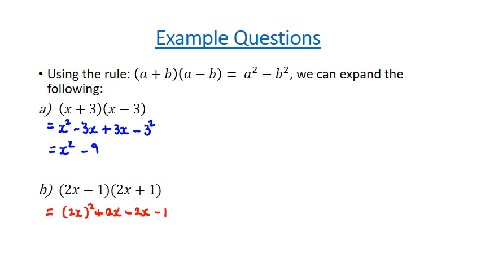We know that our middle terms cancel each other out, and we know from our index laws that this index applies to both terms, so this becomes 4x squared take 1. If you're not sure how 2x all squared became 4x squared, the index belongs to both terms, so this becomes 2 squared x squared, and we know that 2 squared is 4.